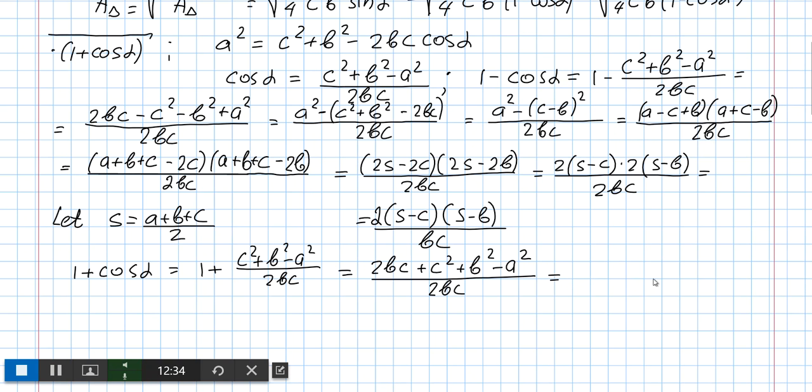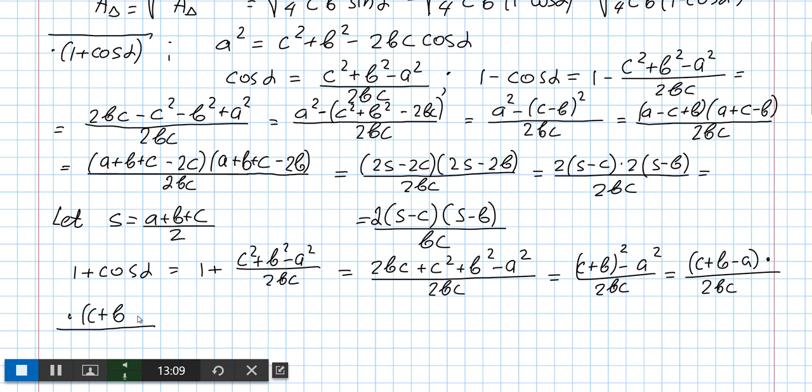If I group the first three terms, I get a complete square, (c plus b) square minus a square, divided by 2bc. That equals (c plus b minus a) times (c plus b plus a), with 2bc on the bottom.